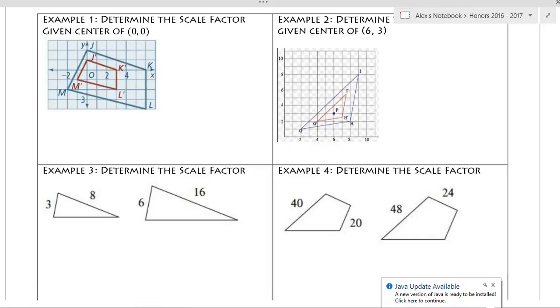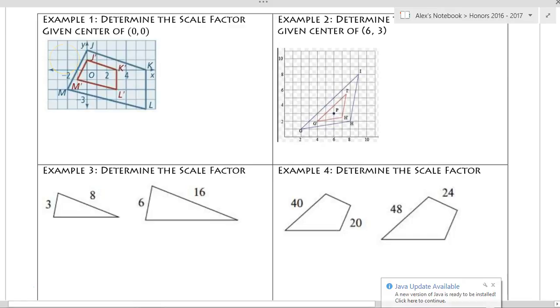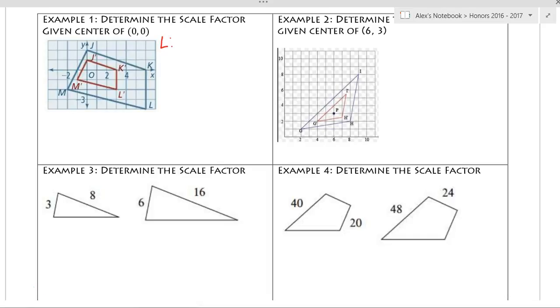Example 1 says, determine the scale factor given the center of 0, 0. So, I know my center. What you're going to do is just pick one of your points. So one letter. So I have J, K, L, or M. Let's use L. Okay? So what I'm going to do is count how far left or right, and then up or down L is from the center.